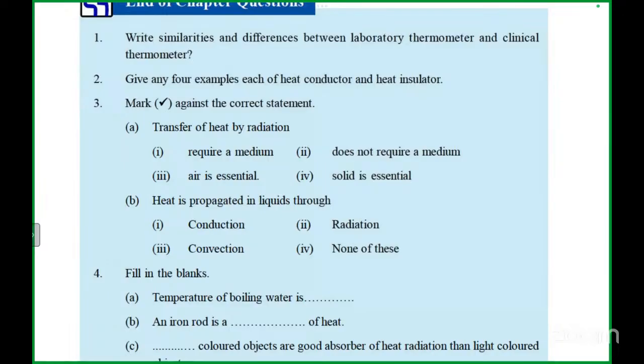Now, for examples of heat conductor and heat insulator, can Zoe give me one example of something that is a conductor of heat?